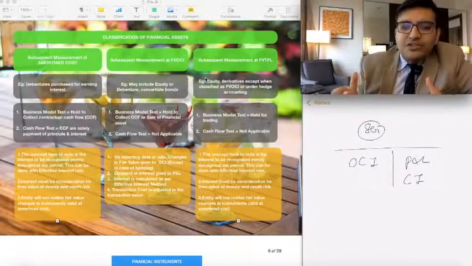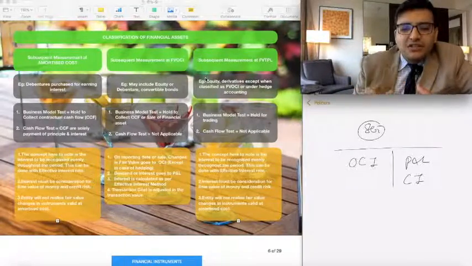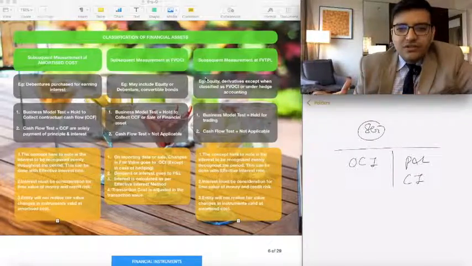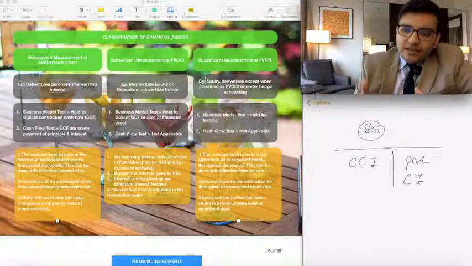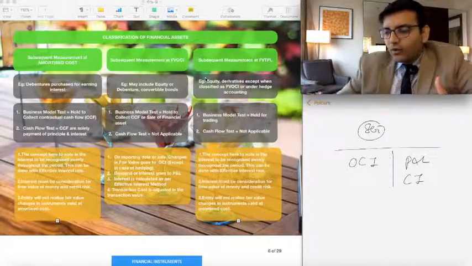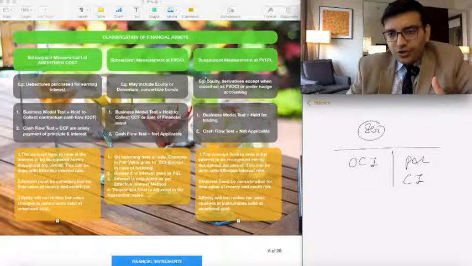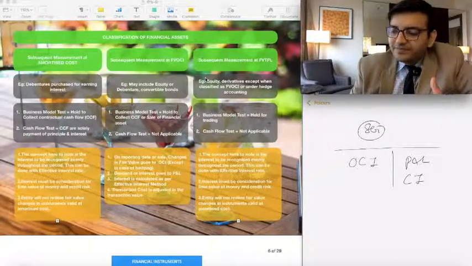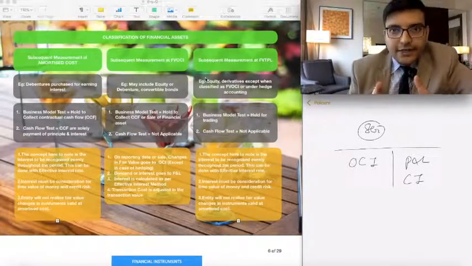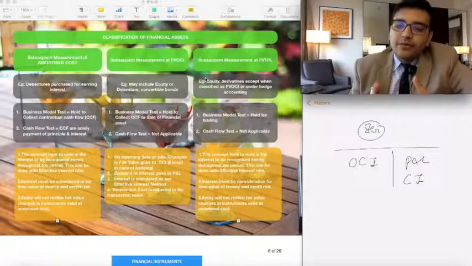So all these business decisions impact your profit, and your profit varies because of one reason or another which is not directly related to your operational profitability. So that's why the concept of other comprehensive income was introduced, which takes into account all the other factors which are not directly related to our operational profitability, right?